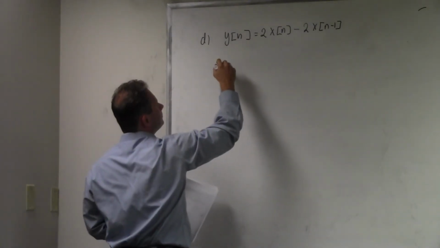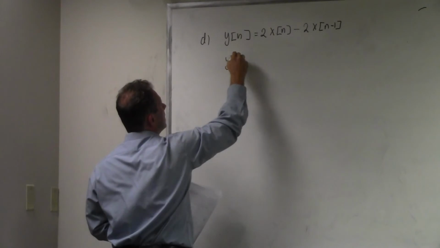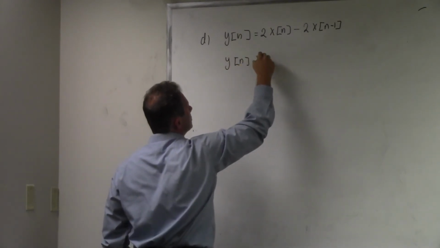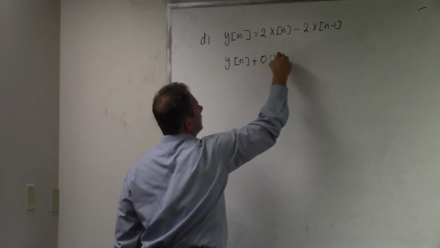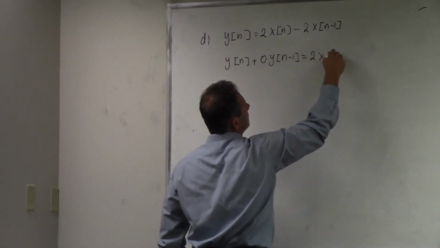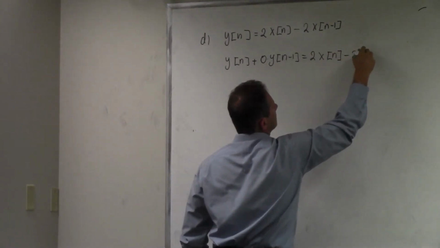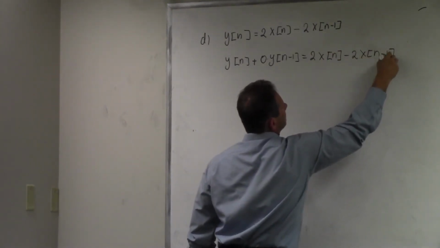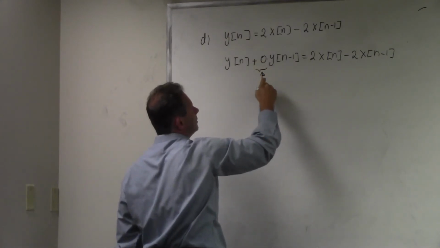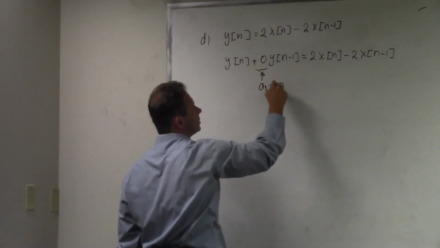So here, you can say that this is y of n plus 0 times y of n minus 1 is equal to 2 times x of n minus 2 times x of n minus 1. This part here is your a_n, and this is equal to 0.